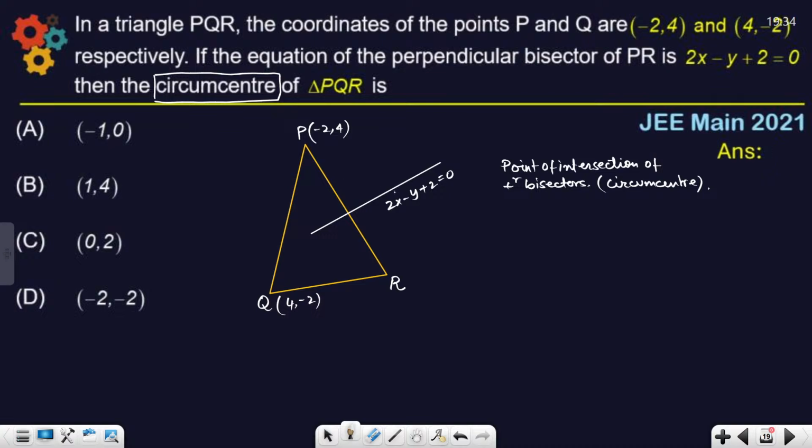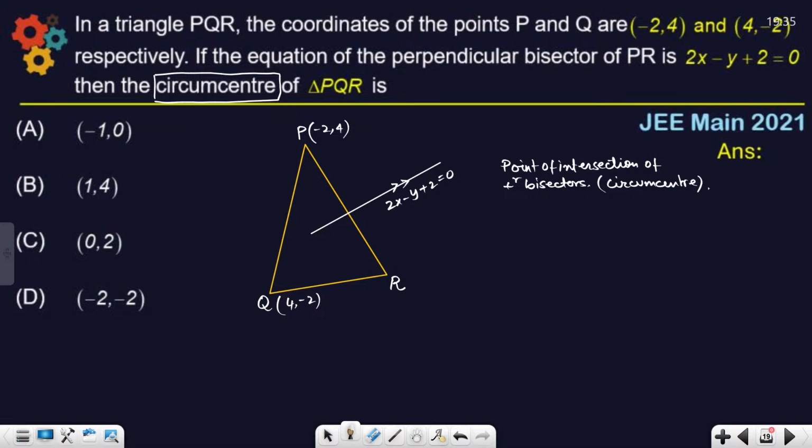So now we know one perpendicular bisector is given to us. If we can find out the perpendicular bisector of any of the other two sides, PQ and QR, then we will solve those two perpendicular bisectors to get the circumcenter. As simple as that.